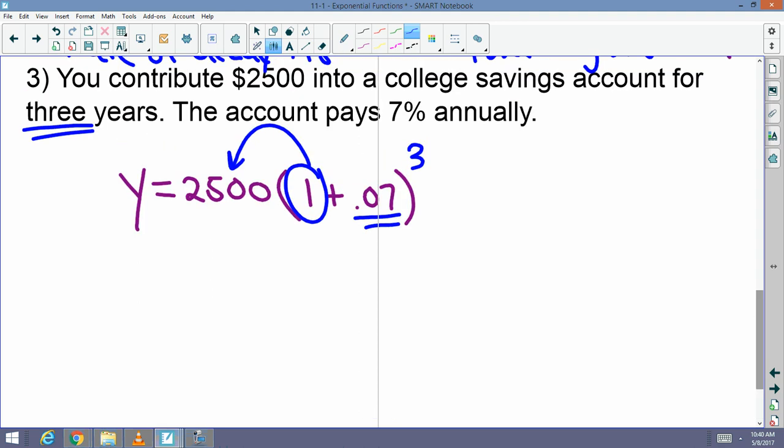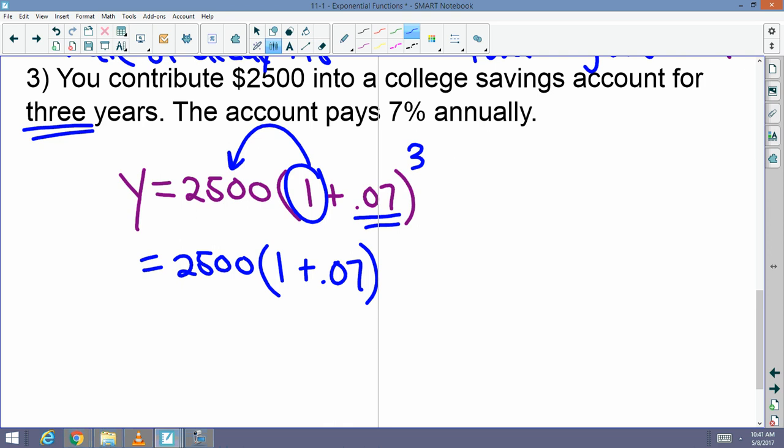This is y equals 2,500, so put 2,500 in your calculator, times, open a parenthesis. Follow what's on the paper, put it directly on your calculator. So you have 1 plus 0.07, then close your parentheses and raise it to the x power.